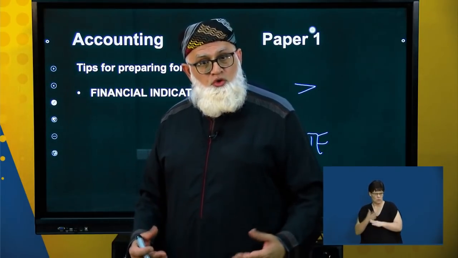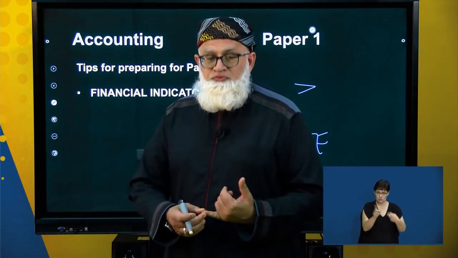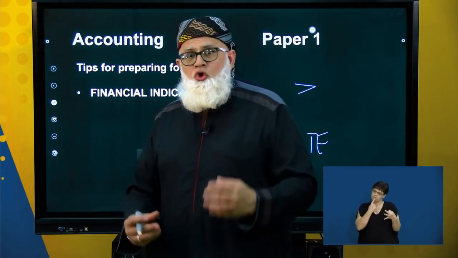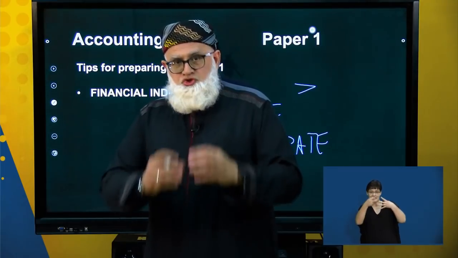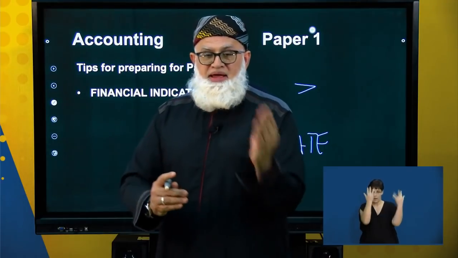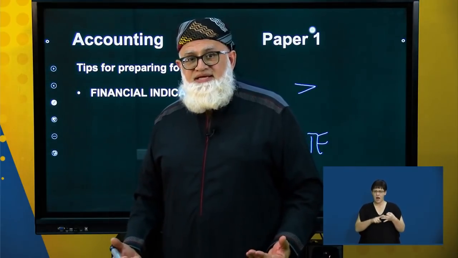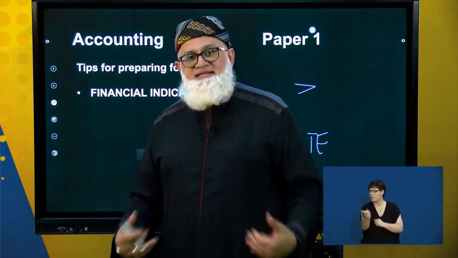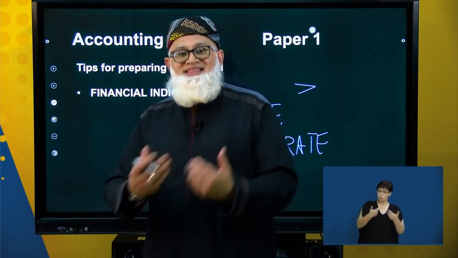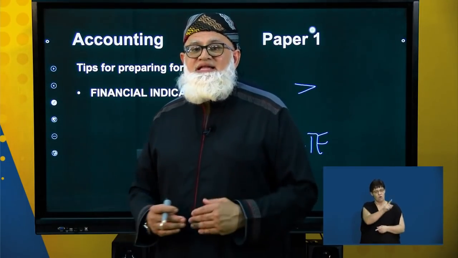So here also, you need to know the indicator, 1. Number 2, be able to comment on it. Number 3, also make a judgment on it. So when dealing with indicators, 1 is to state and work out the indicator. 2, once you've worked it out, you compare it from last year to this year, right? You talk about the trend of the indicator, and also then you finally comment and say why you think the indicator is good or bad. So in this way, you give a comprehensive answer with respect to the question that is being asked.